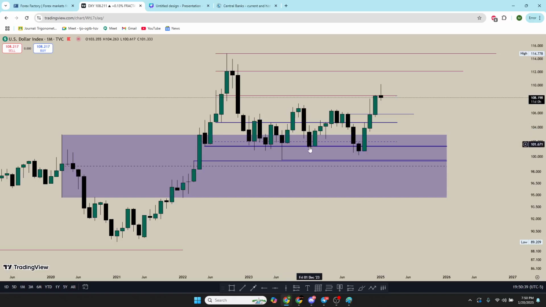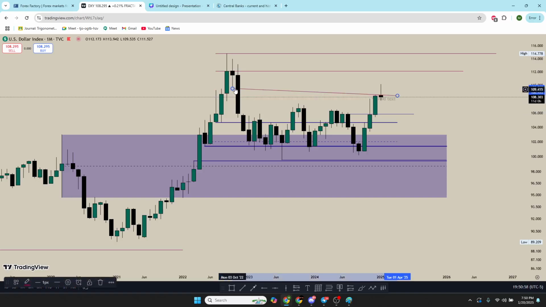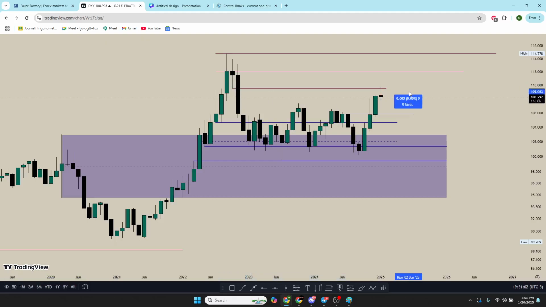We had one close below here, another close below here, but then we had a rally above old highs, which is a breaking structure, right? Also, if I take this level and just configure it up into this gap here, you'll notice we have a nice fit of that.